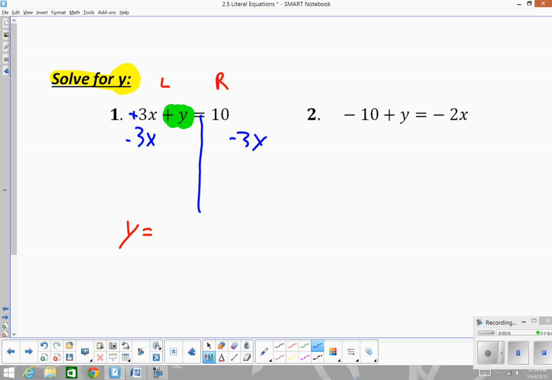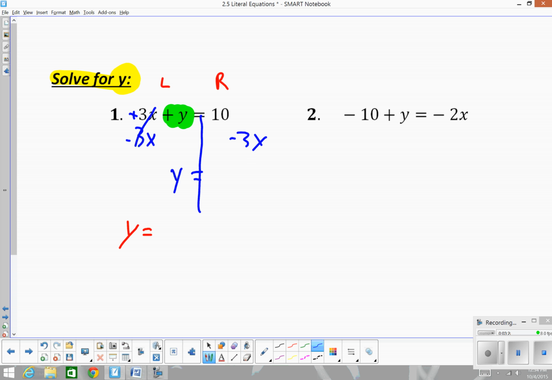Okay, good. Now, when I go ahead and simplify, 3x minus 3x is just 0, and I'm left with y equals what? Now, I have 10, and I have a negative 3x. Normally, I would be able to combine those two and simplify and solve for y. But now, 10 and negative 3x are not like terms, so I cannot combine them.